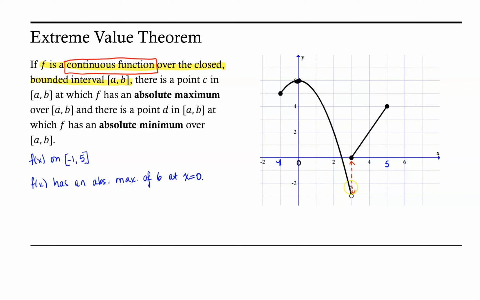So if these are getting closer and closer to -3, let's say 2.9 and 2.99 and 2.999 and 2.9999 and so forth, there's not going to be a smallest value.